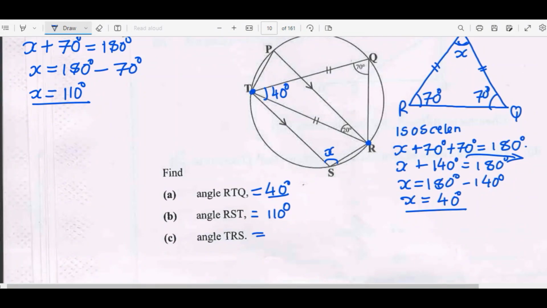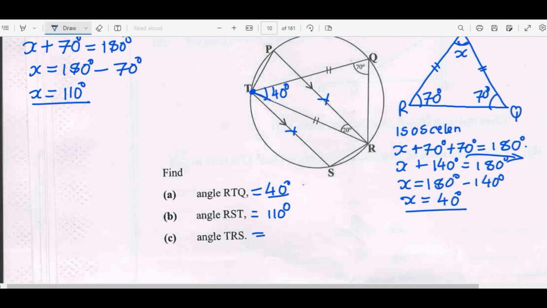Then we move on to angle TRS. So this angle is what we want this time. How can we find this angle? So remember, these two lines are parallel to each other.